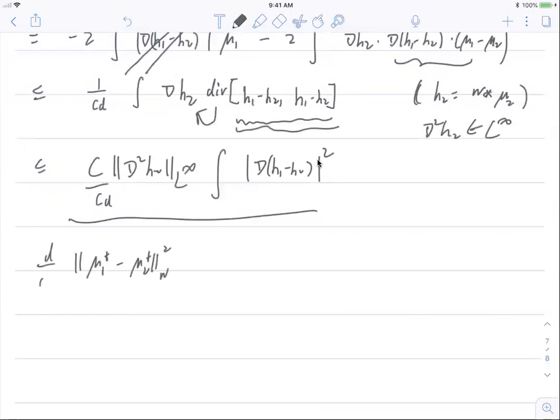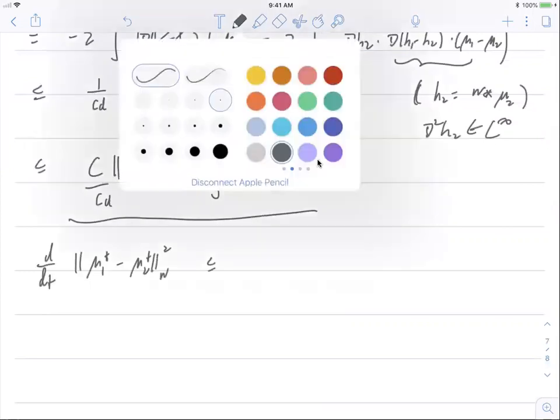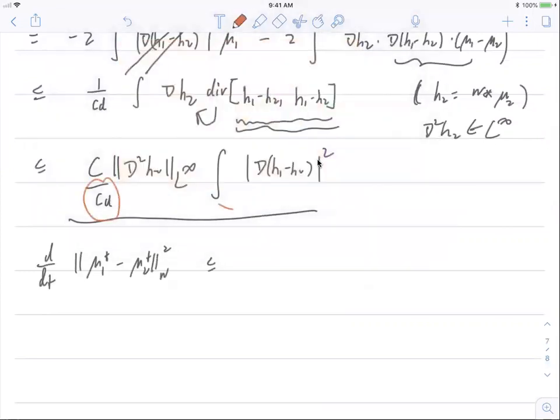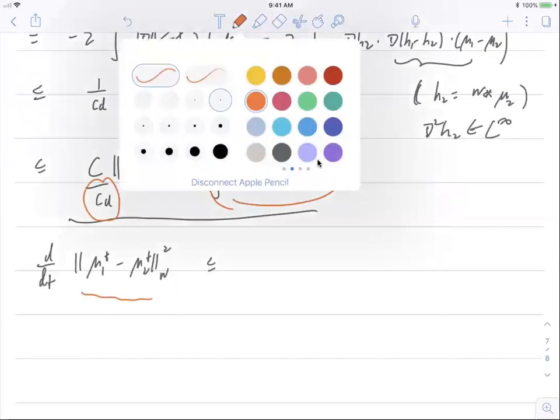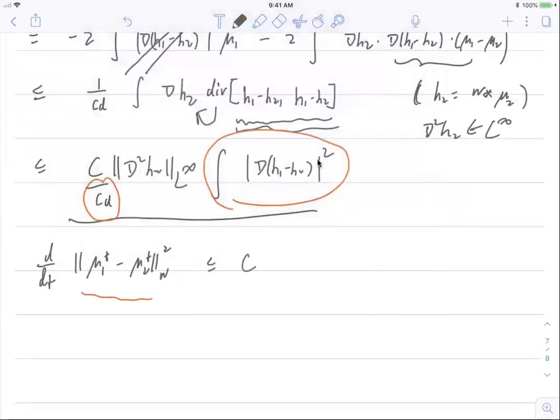If you take d over dt, what we get is just this norm. So c is a constant, and here is itself, and here is omega.